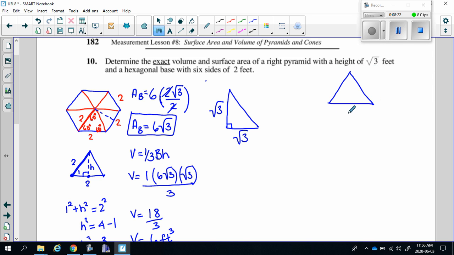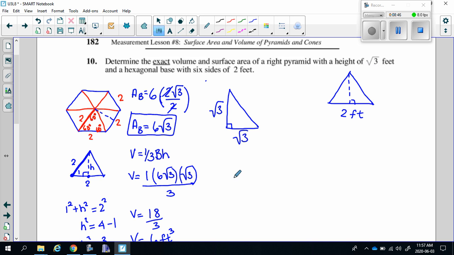Okay, and we know that it is 2 feet right there. Okay, that 2 feet. Okay, so what I'm doing is I am finding this right here for the face, not the base. I've already done that.